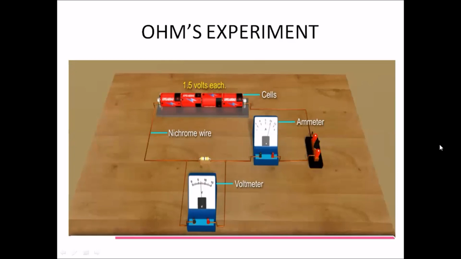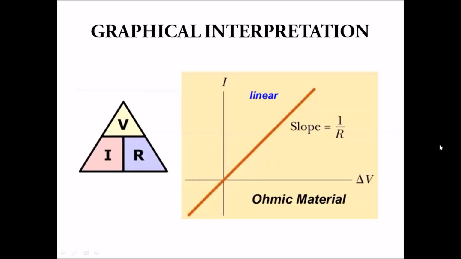So in this case, current is directly proportional to potential difference, not potential difference proportional to current. So we can say I ∝ V and mathematically V ∝ I, and the constant of proportionality is R, the resistance of wire or conductor.